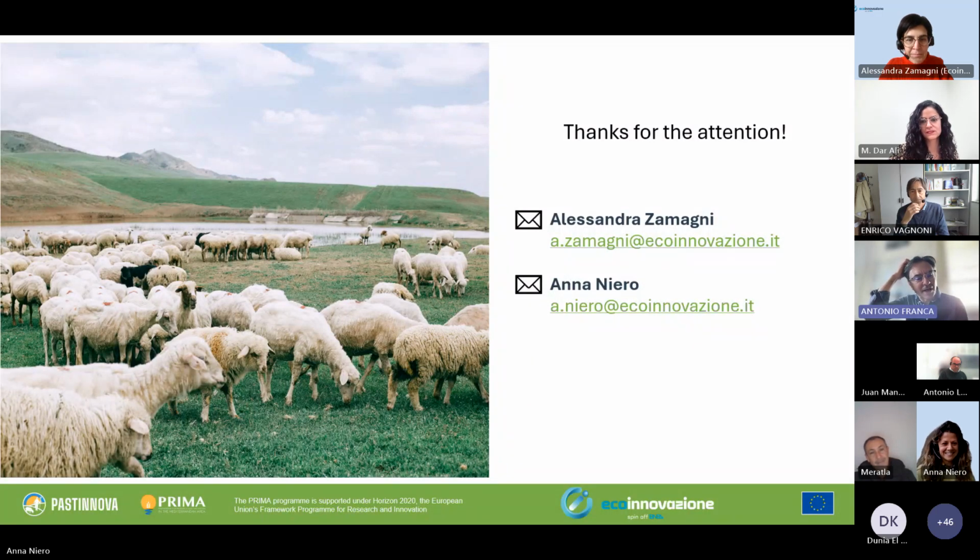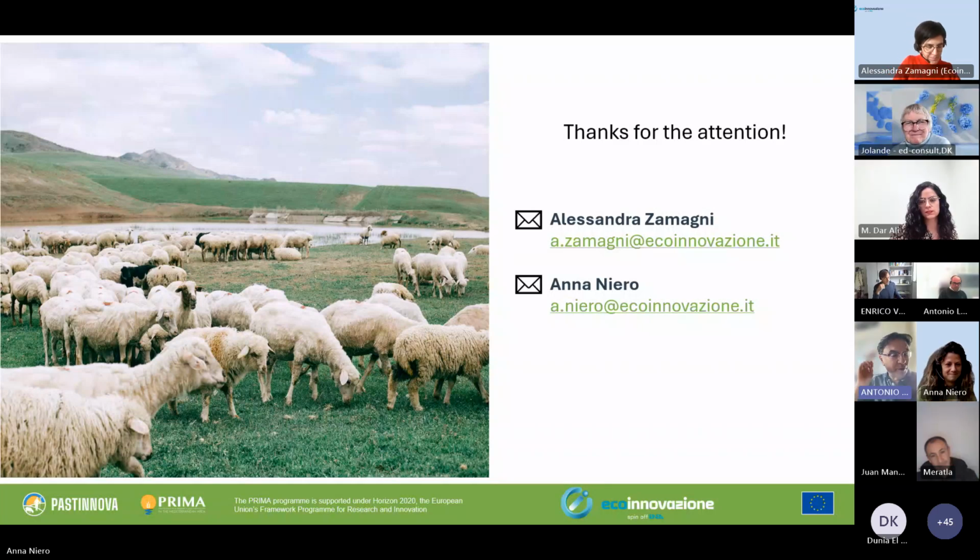Thank you, Enrico. This is the beginning of a new scientific scenario, because the general narrative in the last years about pastoralism in some cases has been very negative in terms of impacts, in terms of relation with climate change.